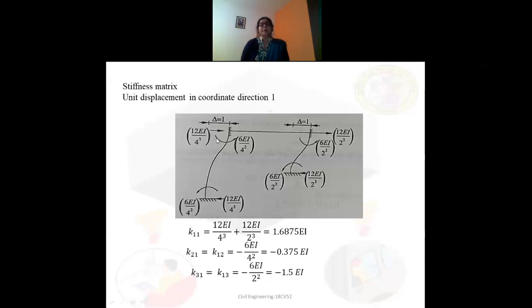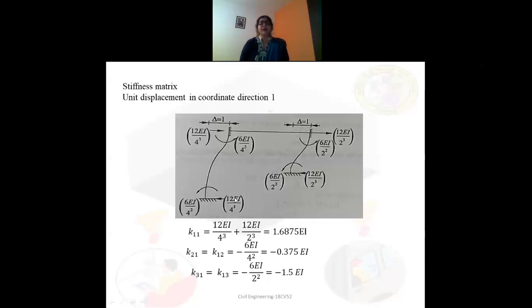Okay. So what happens here, due to this displacement, and I am assuming that displacement at B and displacement at C are same. So here also delta is equal to 1, here also delta is equal to 1. To make it simple, even though the height difference is there, here it is 4 meter, here it is 2 meter, we are still assuming that the displacement at joint B and at joint C are same.